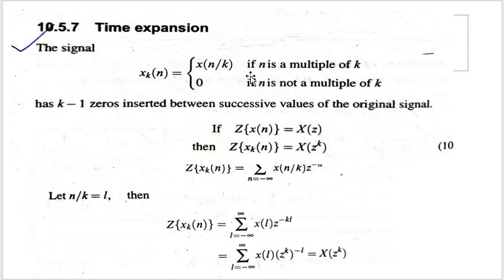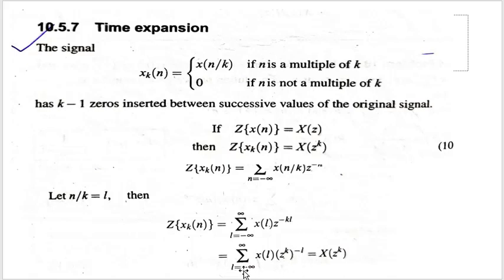We will see that constraint later on, but consider x of n by k here. I have assumed n by k equal to L. Then the z transform of xk of n equals the summation L equal to minus infinity to infinity of x of L z power minus kL. Take z power k inside and keep minus L outside.